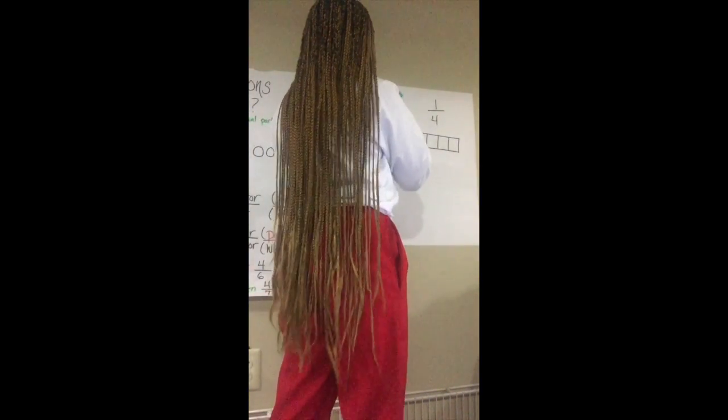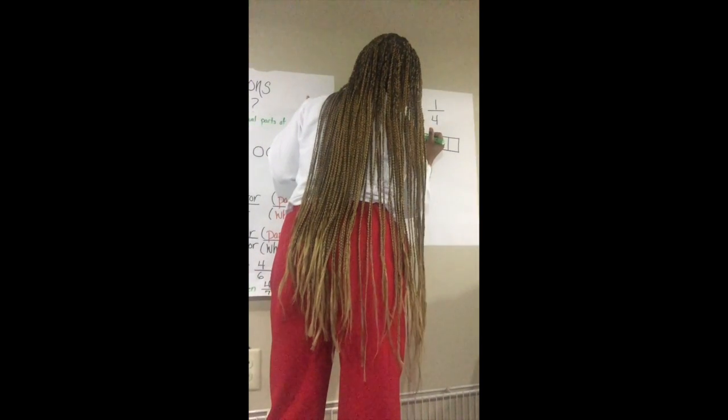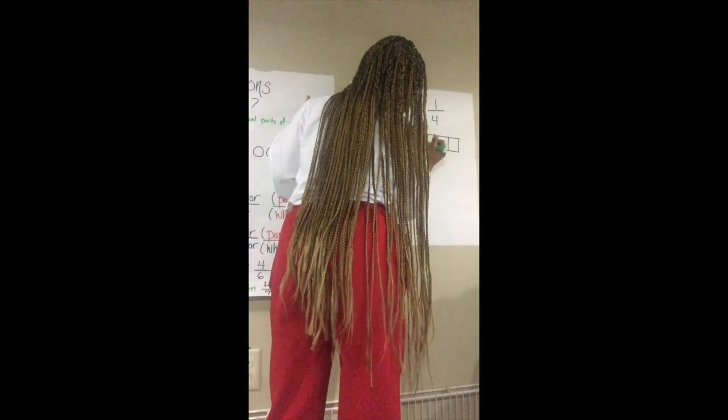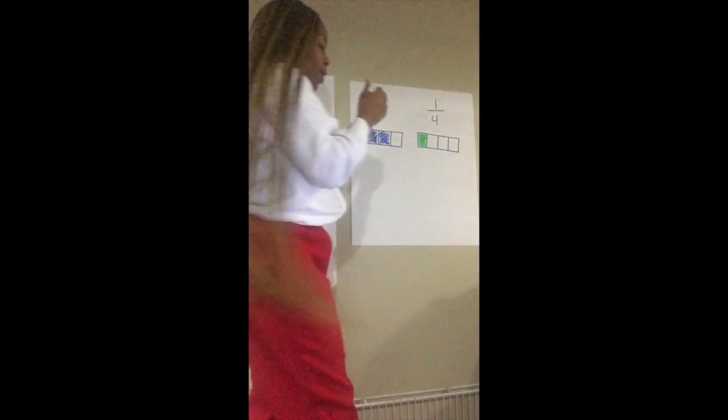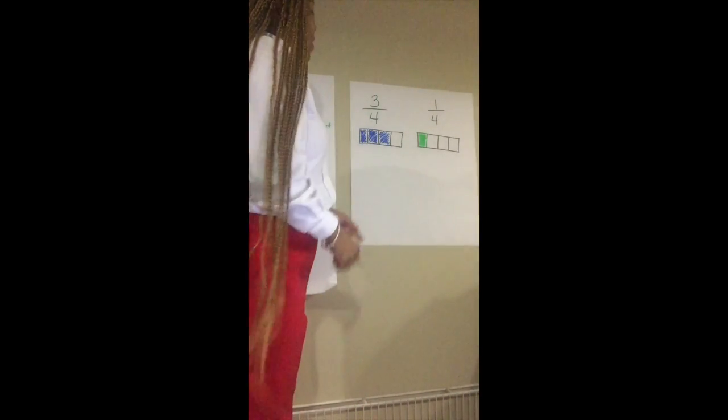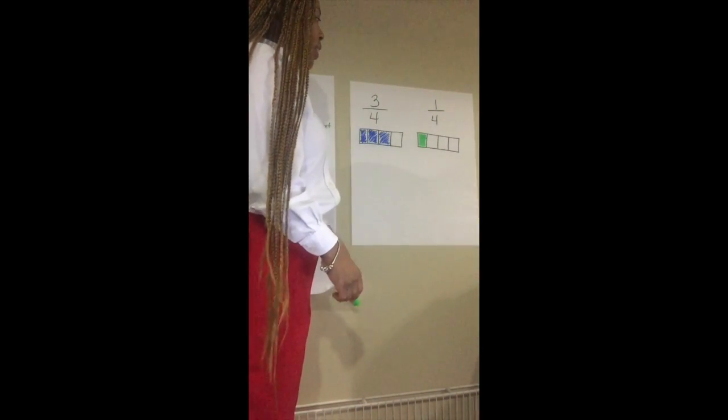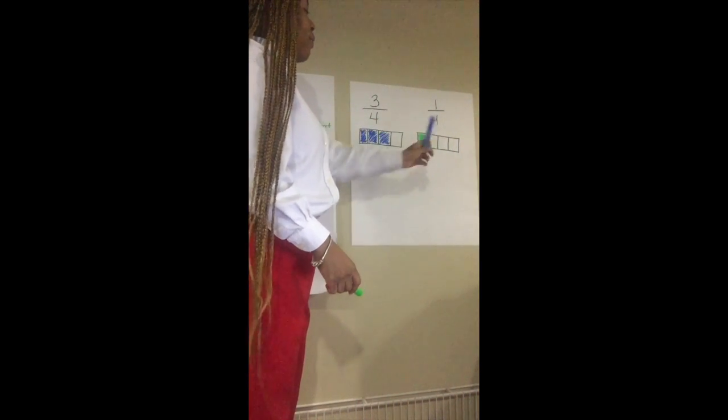Then I'm going to move over to our 1/4, and because 1 represents the part and 4 represents the whole, I'm going to shade in 1 part. Now, as we can see here, that 3/4 is definitely greater than 1/4.